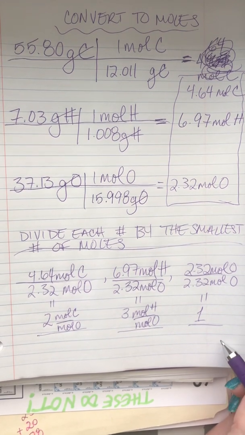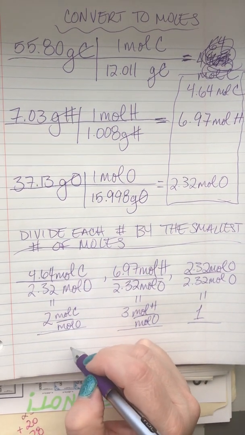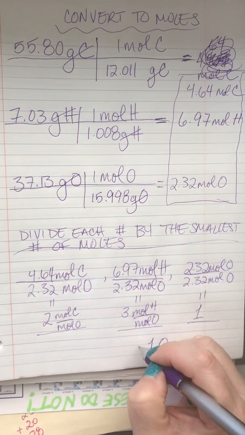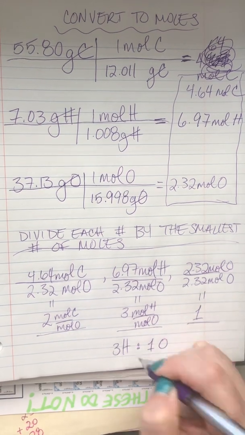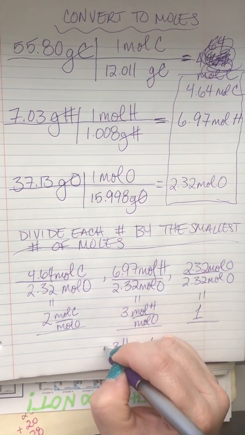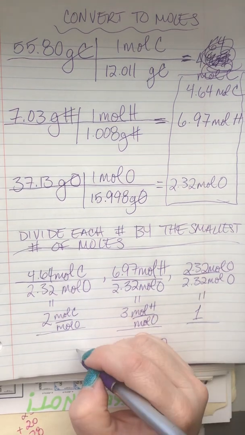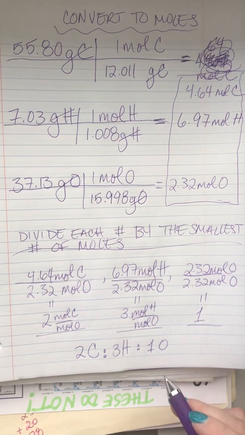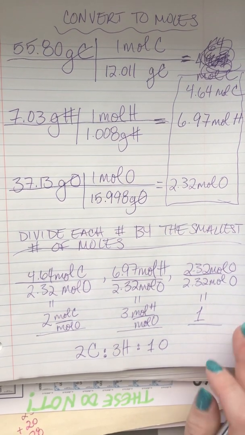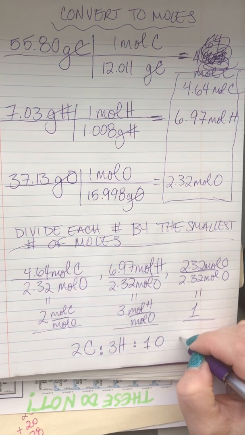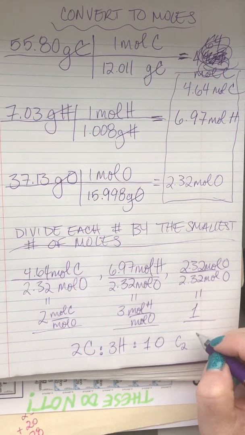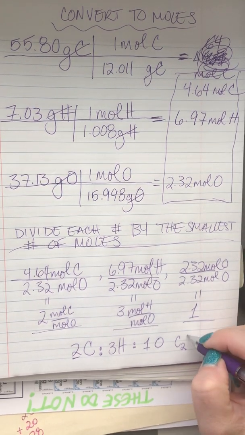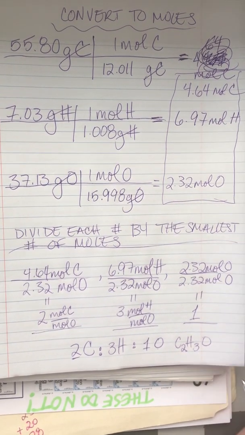So what this is telling us is that for every 1 oxygen, we have 3 hydrogens, and for every 1 oxygen, we have 2 carbons. That is the empirical formula. So all we need to do to put it into its chemical formula is use these numbers as our subscripts. Hydrogen will be 3 and oxygen will be 1.